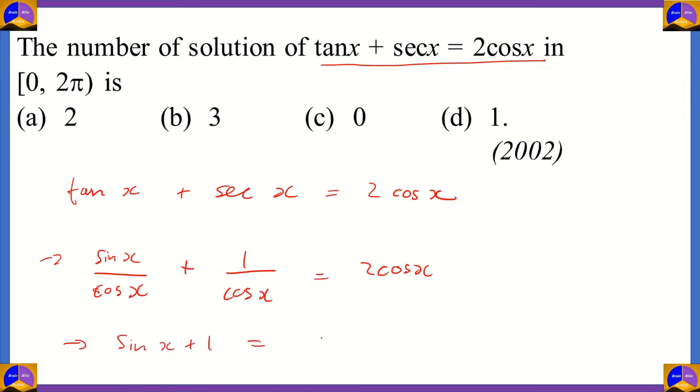So sine x plus 1 on the left hand side gives you 2 cos square x. 2 cos square x can be written as 2 times 1 minus sine square x. This is by using the formula sine square x plus cos square x equals 1. So now we can write sine x plus 1 as equal to 2 minus 2 sine square x.